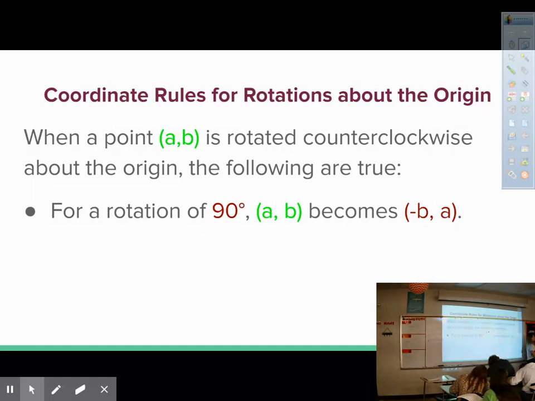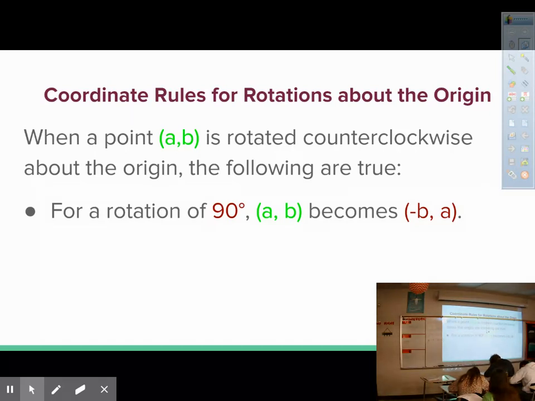Okay, now, on student notes, you need to put what that means in your own words. You know how we did those? Like y equals x, (b, a) means to flip x and y. What does this mean to do? Flip x and y, change the sign of y. Yeah, but it's now the new x. Okay, so let's say flip your x and y and then change the sign of y.